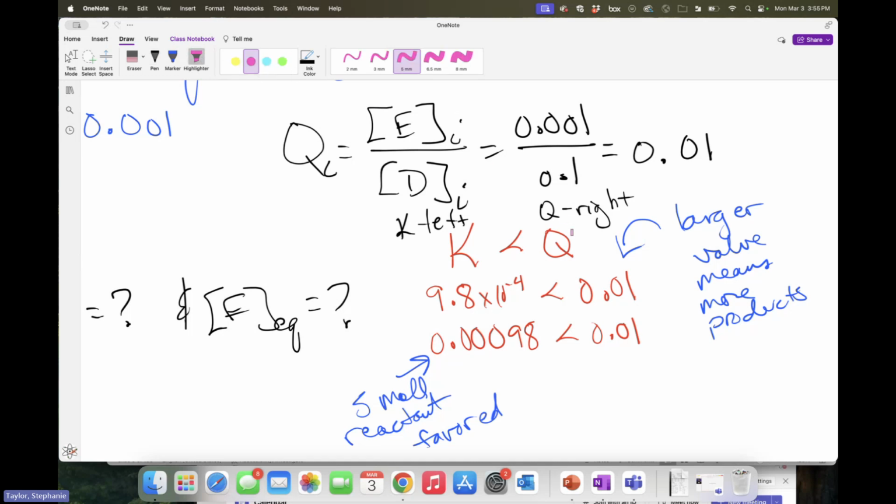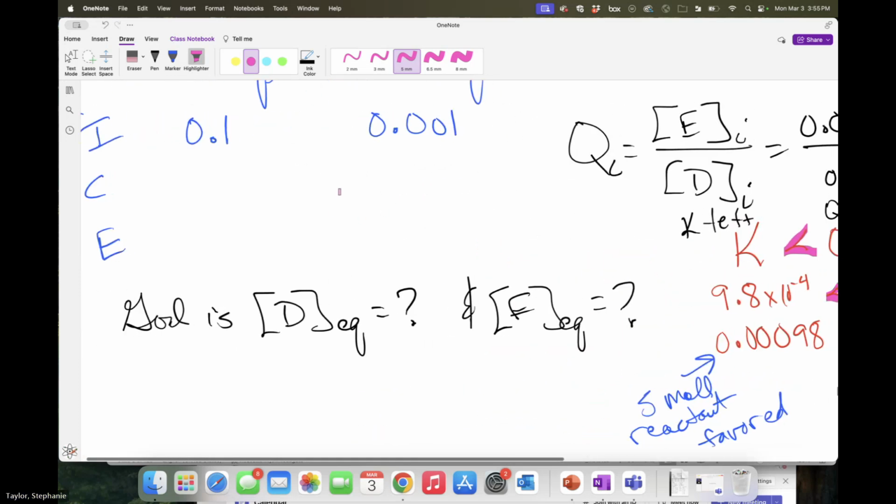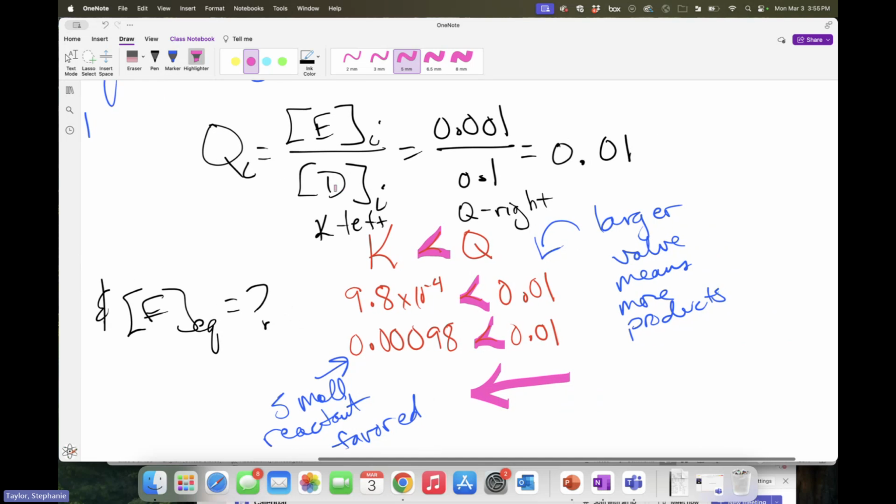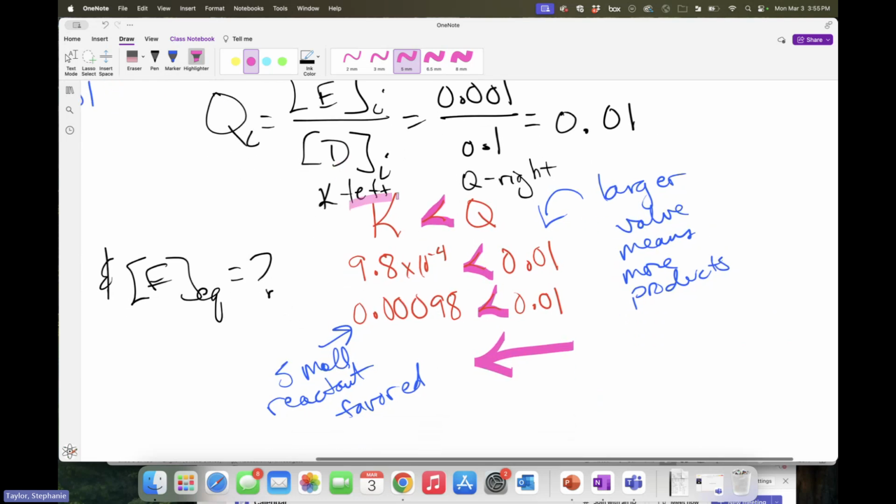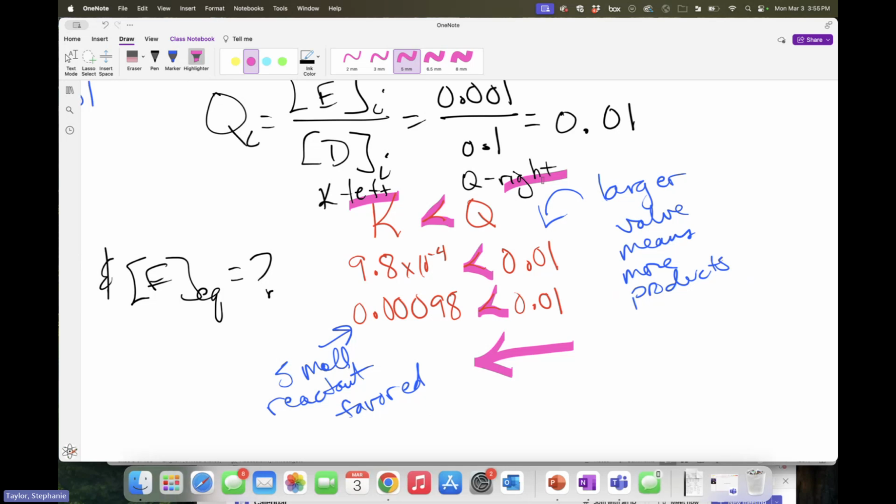So when you look at this less than sign, it points to the left, which means that this is going to head towards the reactants. So that's the other way that I know. You do have to make sure that you put K on the left and Q on the right for that to work. So I like to think about this as being in alphabetical order.